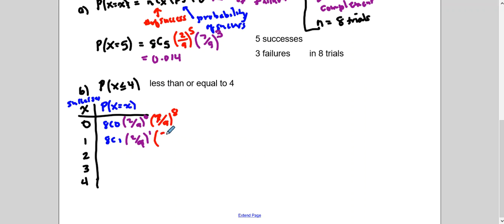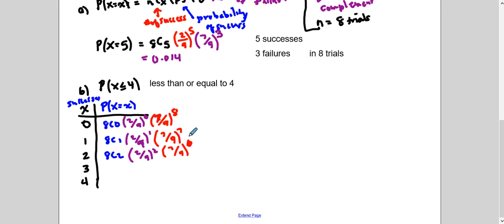Well, if I have 1 success, that means I have 7 failures. So you'll see how as this one increases by 1, this will decrease by 1. Okay. 8 choose 2. 2 over 9 to the power of 2. 7 over 9 to the power of 6.